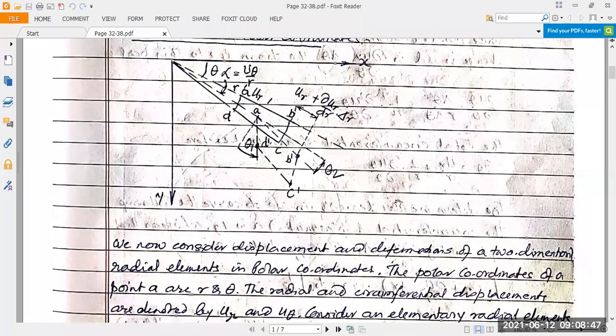What is r here? This is r, the radial distance from O to point A. This distance is r as per polar coordinates. And what is theta here? The angle between this line and the x-axis itself.